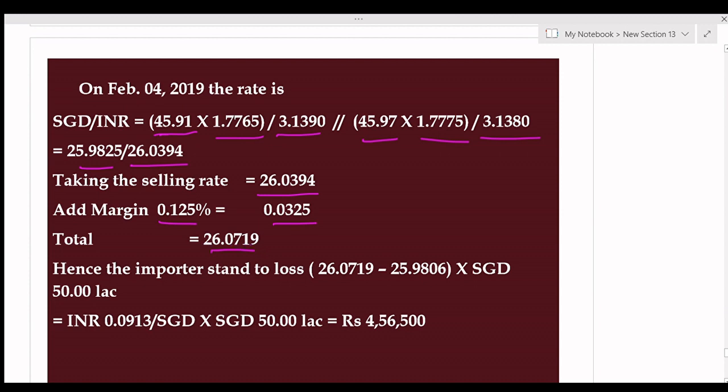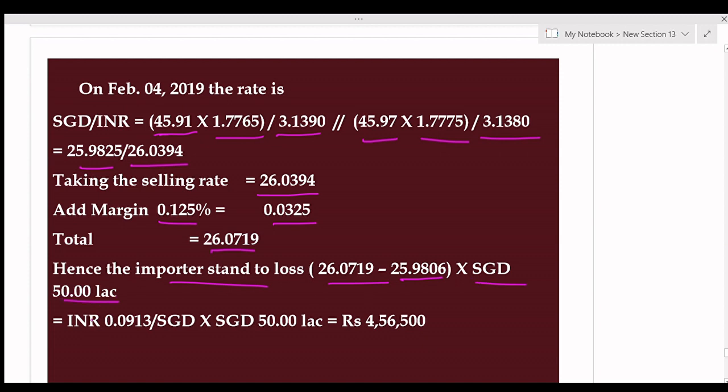Rupees 26.0719 per SGD. Hence, the importer stands to lose 26.0719, that is the selling rate on February 4th, 2019, minus 25.9806, that is the selling rate on 28th January, into SGD 50 lakhs.